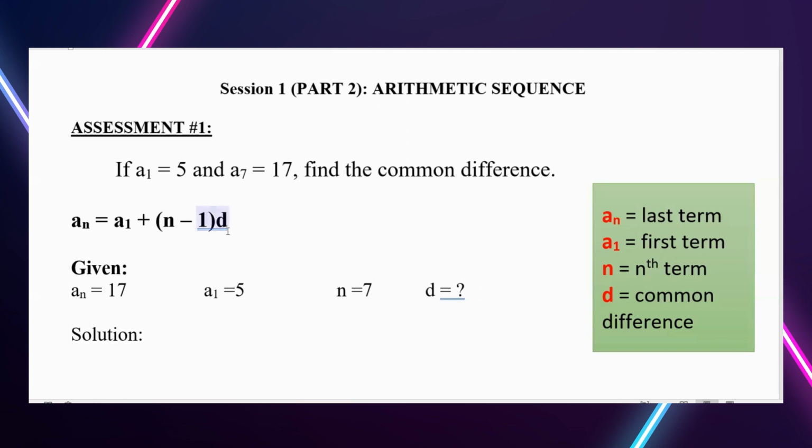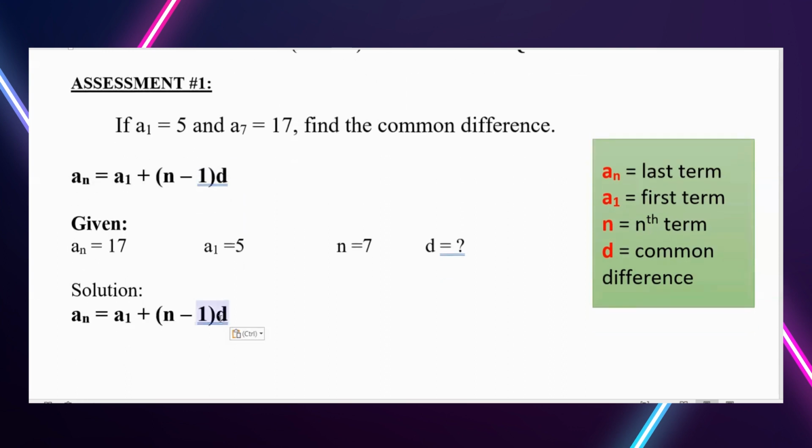Using the formula, a sub n is equal to a sub 1 plus n minus 1 times d. Let us substitute the values of a sub n, which is 17, the value of a sub 1, which is 5, plus the quantity of the value of n term, 7, minus 1 times d.